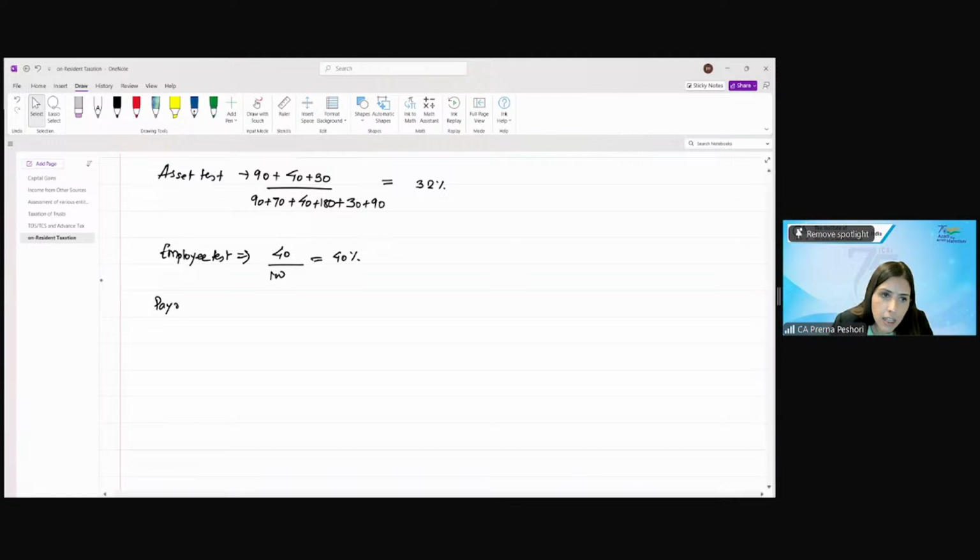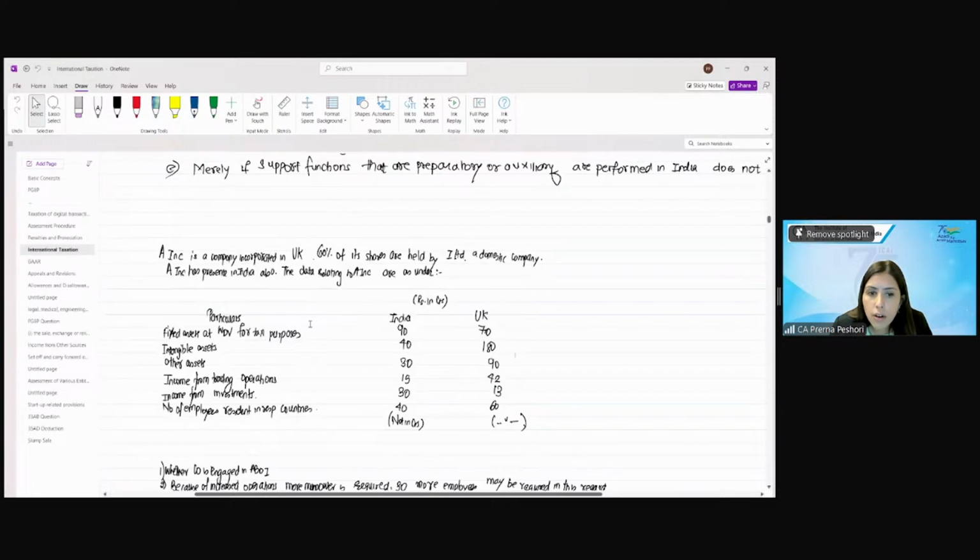Next is the payroll expense test. What they have said for the payroll expense, have they given any information? So for payroll expense, they have not given any information.